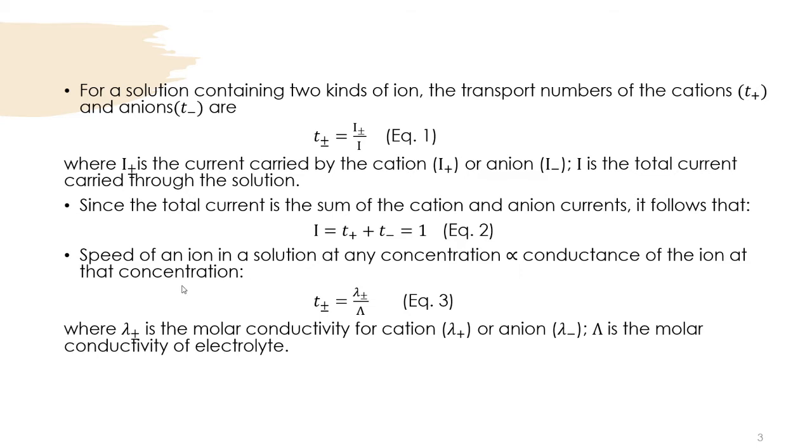And at the same time, the speed of an ion in a solution at any concentration is proportionate to the conductance of the ion at that particular concentration. So you have T plus/minus equal to lambda plus/minus, the molar conductivity of either the cation or the anion, over the molar conductivity of the electrolyte.